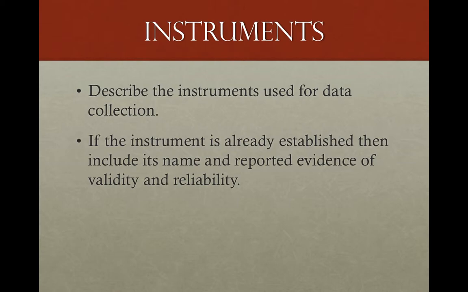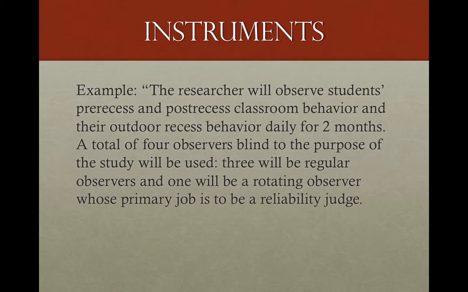The thing that you need to have on your immediate radar for this is if you're using an instrument that's established, you've got to give a little bit of history, and you've got to cite reliability and validity measurements. I think this is the one I made up. The researcher will observe students' pre-recess and post-recess classroom behavior and their outdoor recess behavior daily for 2 months.